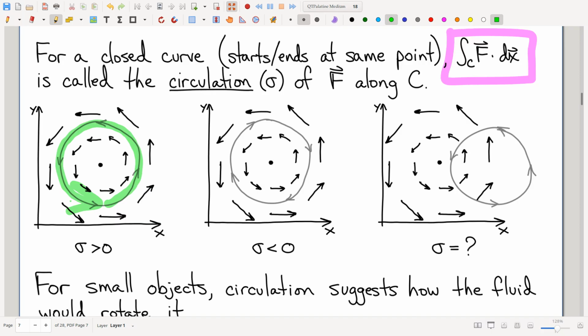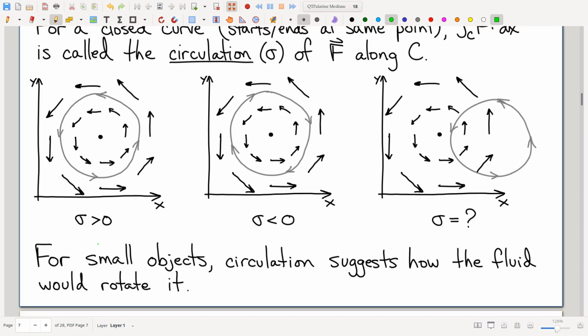This is loosely speaking, of course. So that is a really nice interpretation, and related to this interpretation, if you were to imagine this being a little small object, like a leaf that fell onto the surface of a river, something like that.